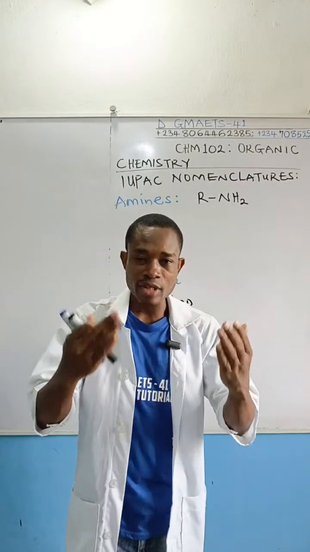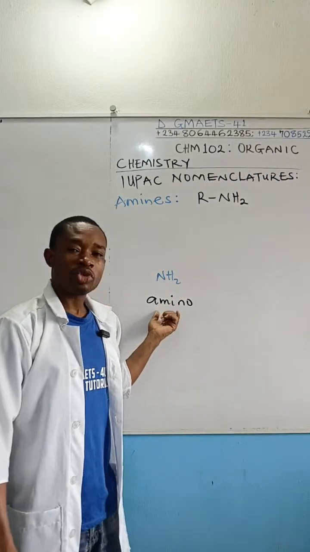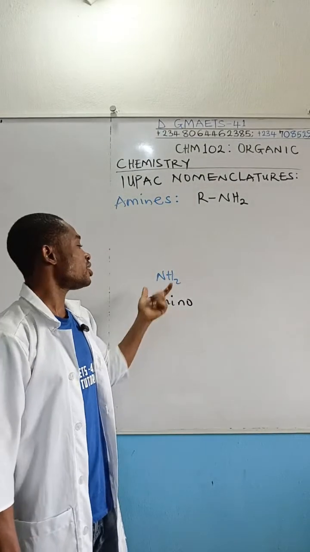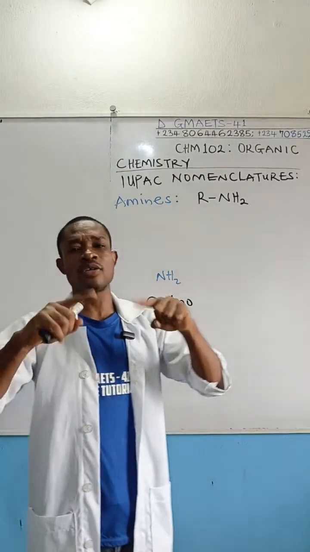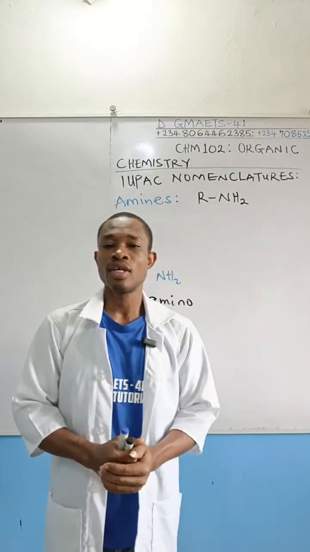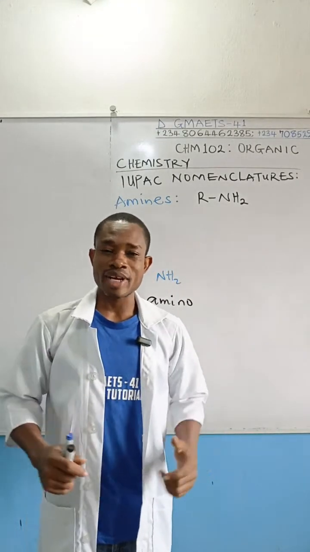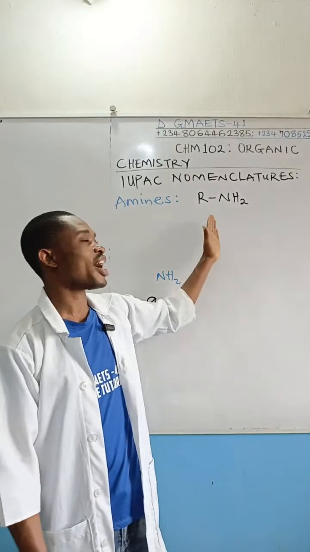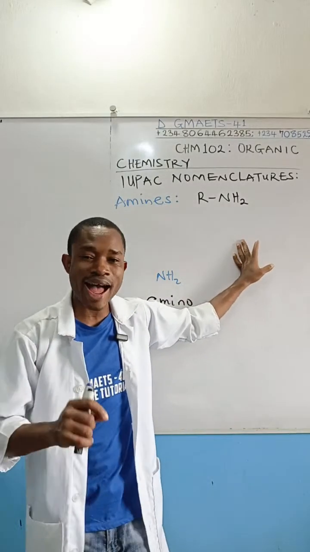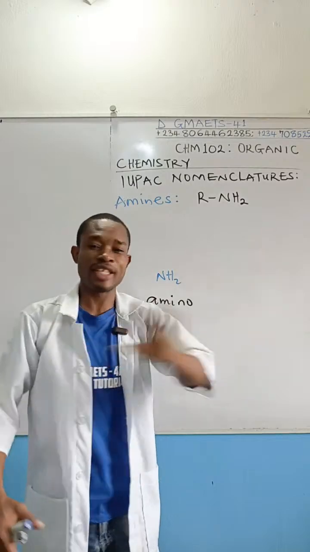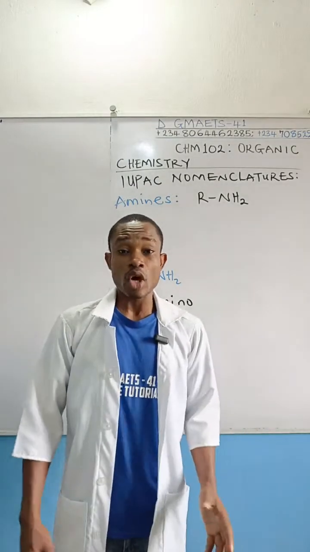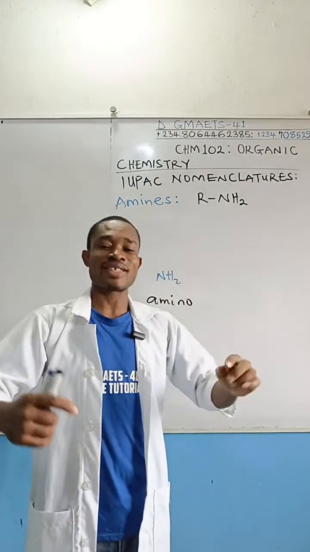So what am I trying to say in essence? I am trying to make you understand that this NH2 can also be considered as an attachment. As a matter of fact, this functional group is not considered a terminal functional group, because we can take this NH2 as an attachment.